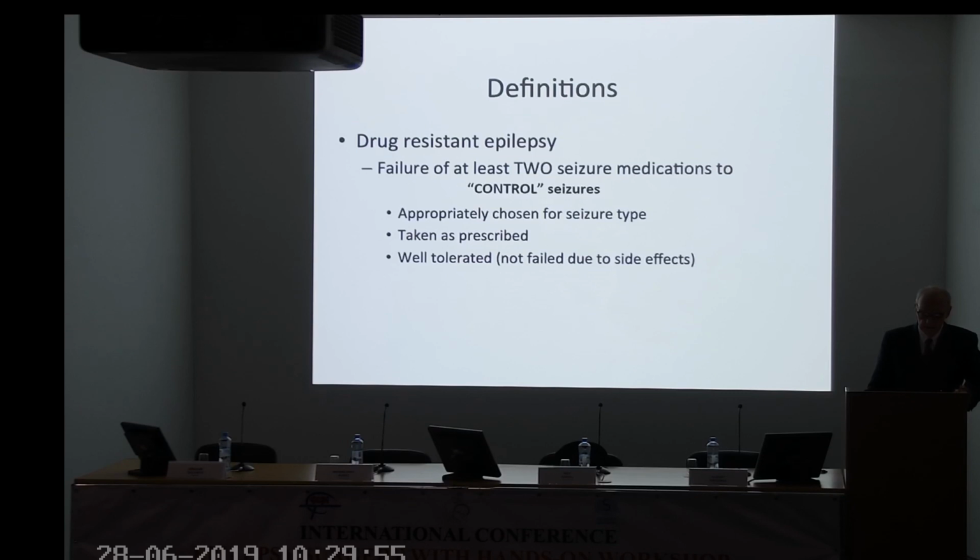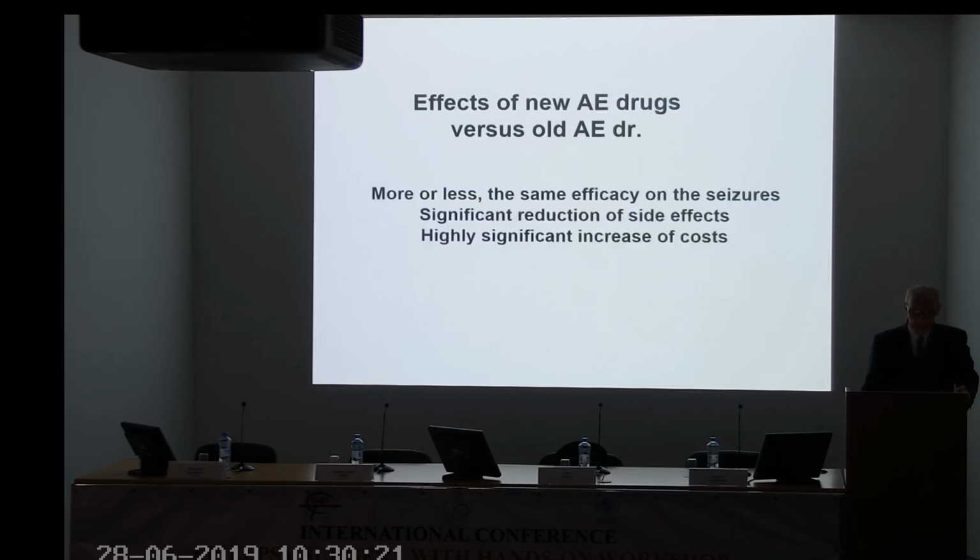In this case, you have drug-resistant epilepsy. Of course, this definition is not valid for everyone, because some people can tolerate very well one or two seizures in a month, for instance, while for others it is not a good control. So it is also a subjective definition.